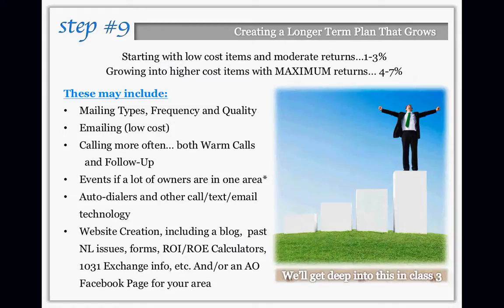Past newsletter effort issues could be on your website, your forms, your return on investment and return on equity calculators, 1031 exchange information, or a Facebook page just for absentee owners in your market area that you control, that's private, that nobody else can see, that you only let people in if they're truly an absentee owner in your list. Right? So we're going to get deep into this in class number 3, this creating a long-term plan.